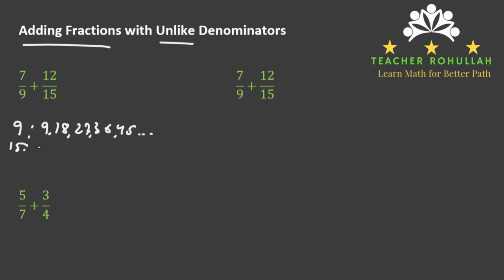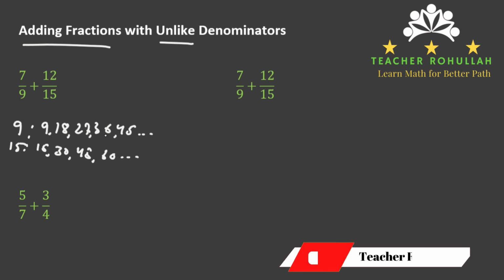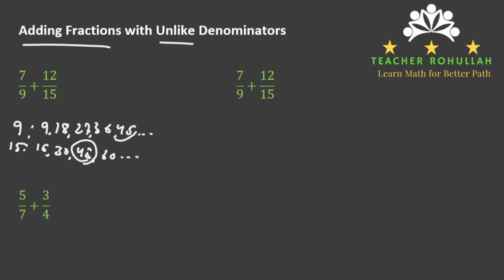And the multiples of 15 are 15, 30, 45, 60, and so on. Now the least common multiple of 9 and 15 is 45, because 45 can be seen in the multiples of both 9 and 15. So we consider 45 as the common denominator of the two fractions.